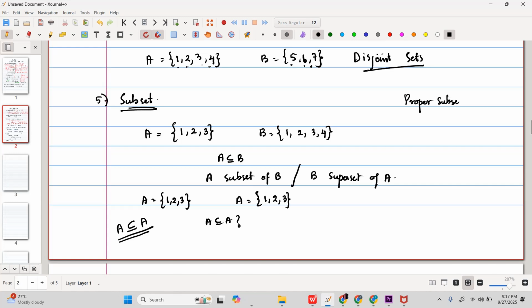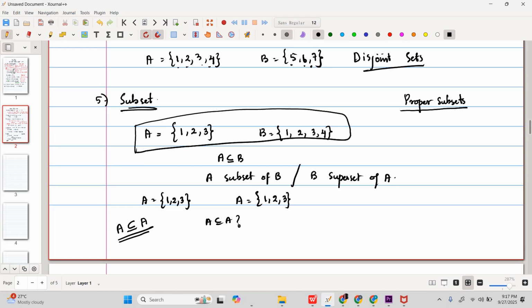Proper subsets. This case is also fine. If I am selecting A and B like this, proper subset means every element of A must belong to B, and there are some more elements in B which do not belong to A. Then we will say that A is a proper subset of B, and it is notated by this symbol.